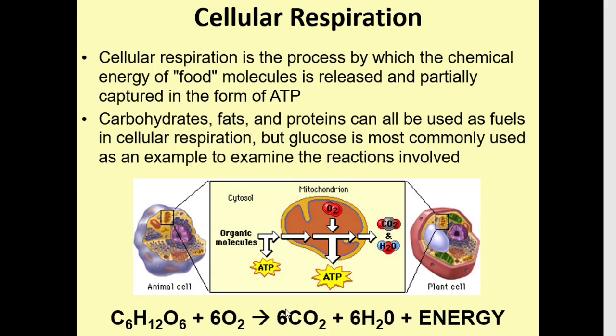So CO2 is a waste product of cellular respiration. We get 6 water molecules, so water is also a waste product. And then we get energy. This is the ATP energy, and also heat, which is produced as a waste product, or a byproduct, of respiration.